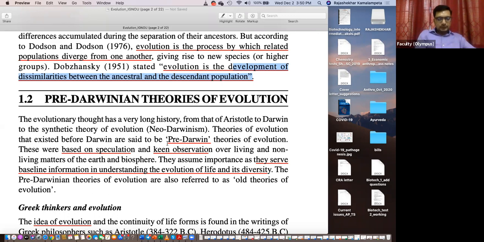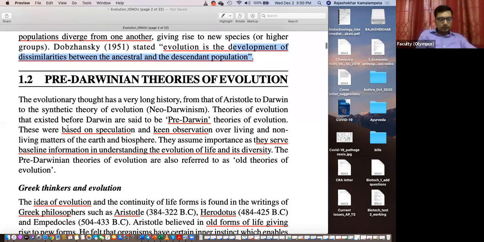Most of these theories are built on speculations and observations. Pre-Darwinian theories are mainly based on speculations, ideas, and added to them some observations that they made, but they started interpreting them differently. How differently, we will see.